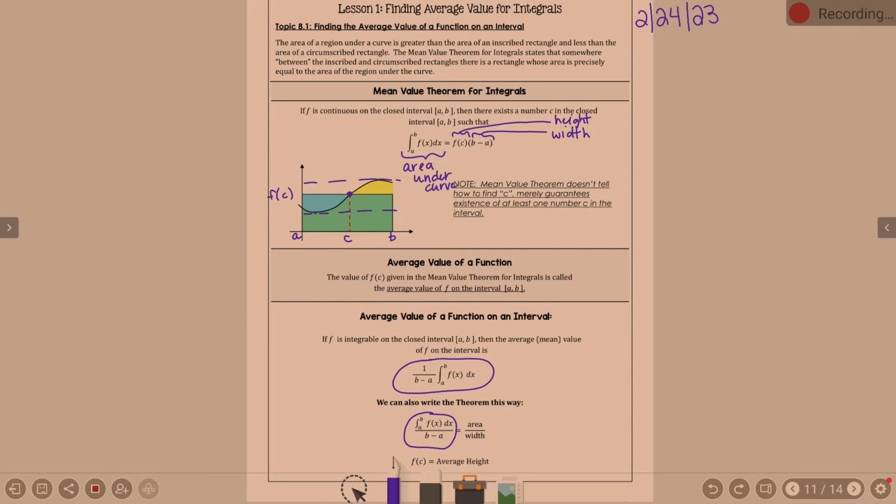That is writing the area divided by the width, which finds the average height, which is also f of c.